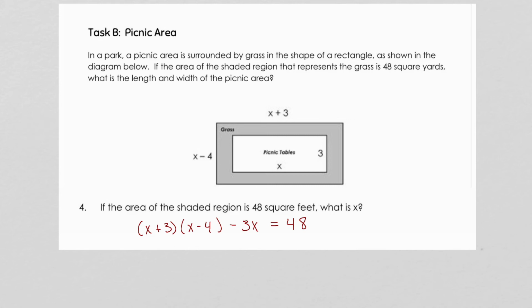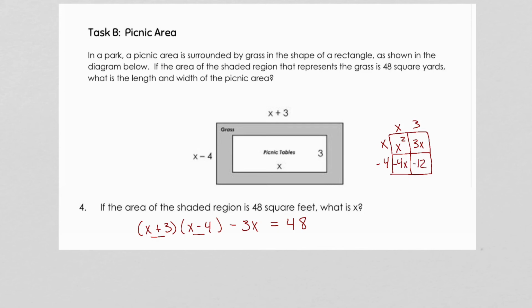So we can do a little simplification here first. Let's use an area model to multiply those two binomials together. You have x plus 3 and x minus 4, which gives us x squared, 3x, negative 4x, and then 3 times negative 4 is negative 12. So I can rewrite that.